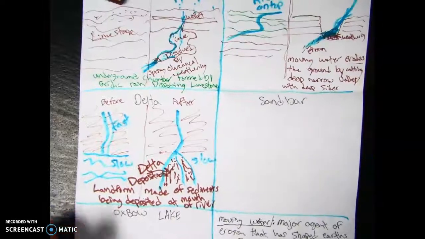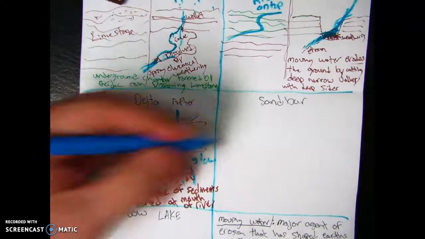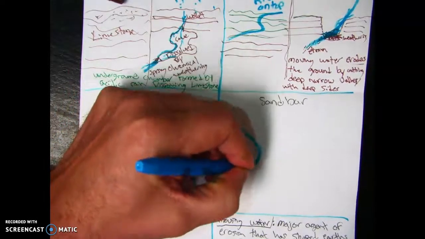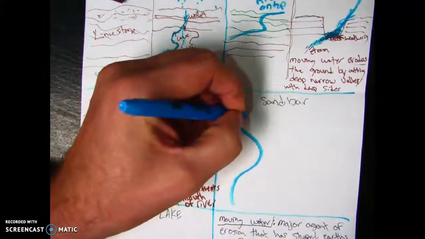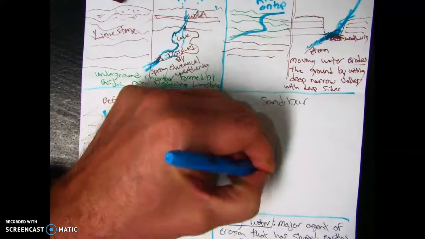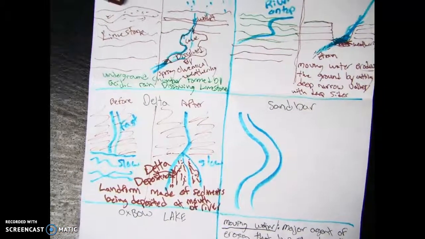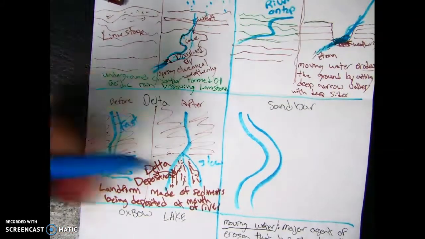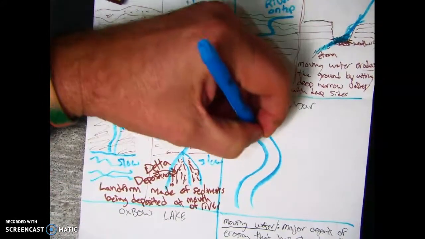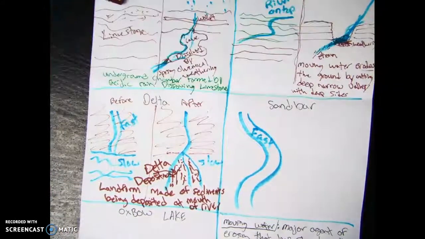Then we've got our sandbar. Our sandbar is going to be in a meander where the river curves. Water here is going to be able to move very fast, right?